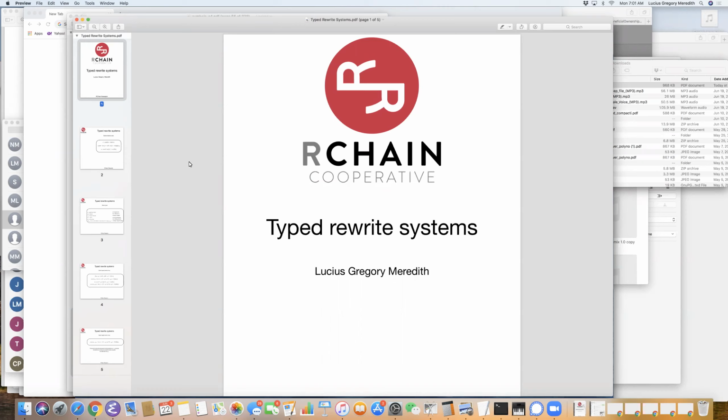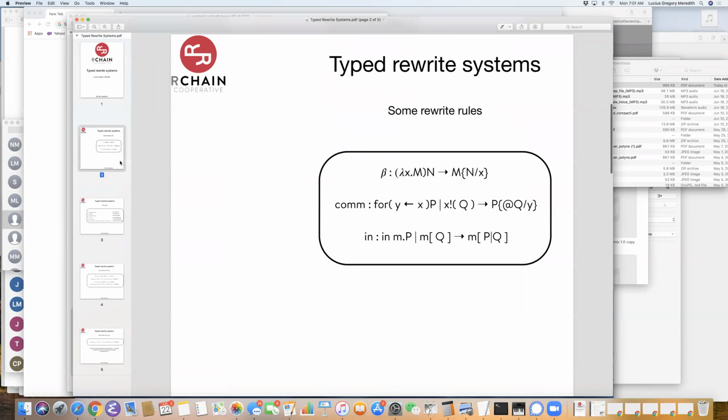So let's just remind ourselves. Here are some well-known rewrite rules. Beta reduction is well understood. The com rule for the rho calculus is well understood. And the in rule for the ambient calculus is well understood.